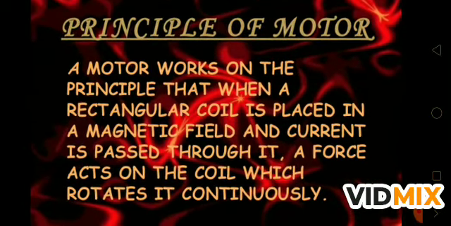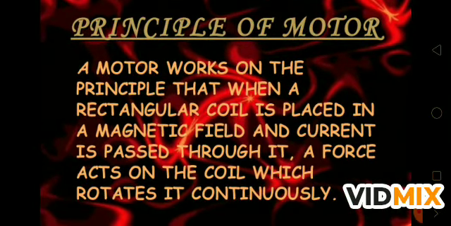Now the principle of the motor: a motor works on the principle that when a rectangular coil is placed in a magnetic field and current is passed through it, a force acts on the coil which rotates it continuously. As you have learned, when a current carrying wire is kept in a magnetic field, it experiences a force.